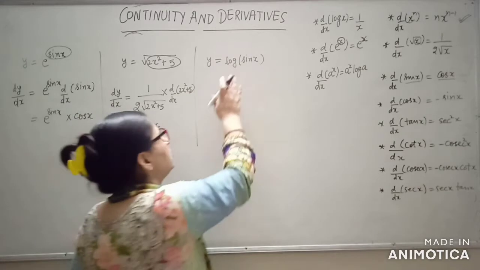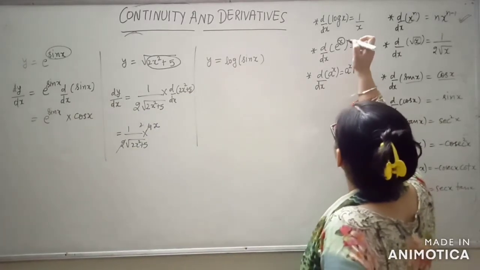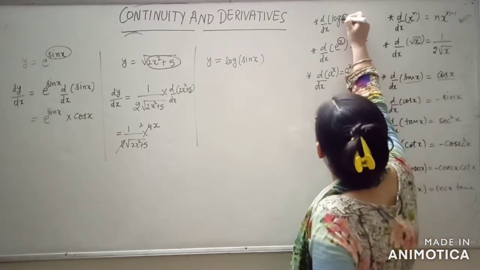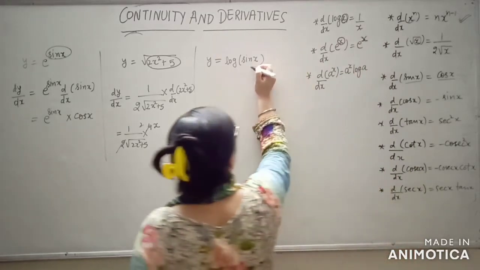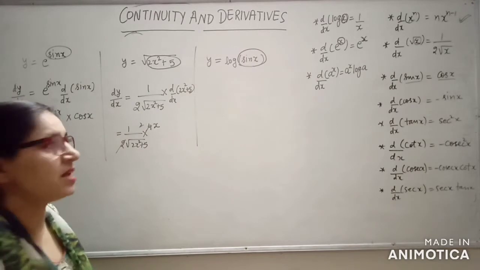Now come to this. y is equal to log of sin x. Where is log? The derivative of log x is 1 upon x. So here with log it is sin x. We consider this as x.